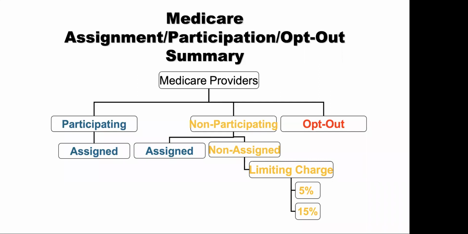And finally, there's a class of providers, the other 1% or so, who have opted out of the Medicare program. They are not part of the Medicare program. They cannot bill Medicare for 2 years, and they can charge anything they want. So the way you would know that you're with an opted out provider is that by law, they are required to give you a contract up front that tells you we are not in the Medicare program.